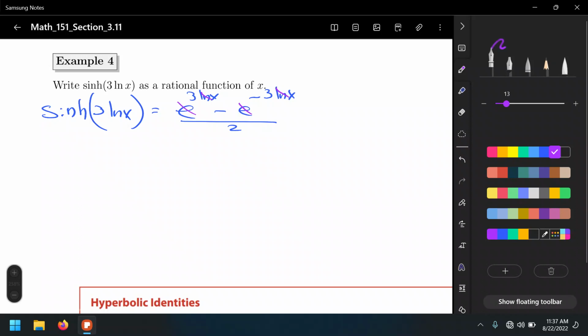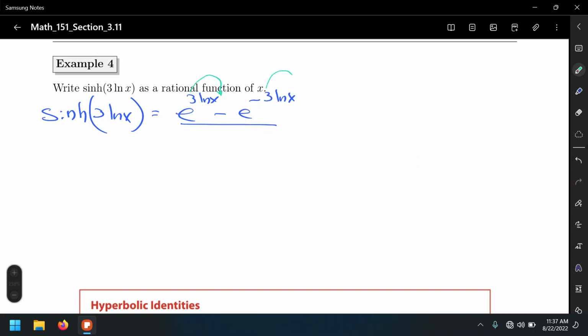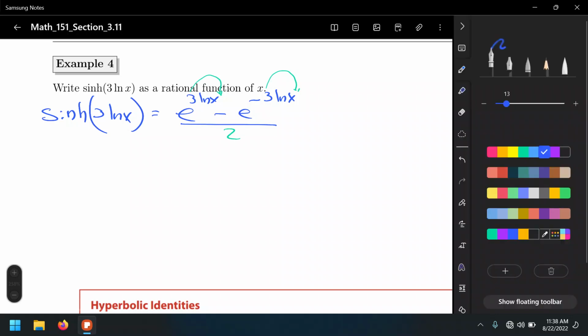In this case, we will do the basketball rule twice. That 3 will become the power of x, and that 3 will become the power of x along with the negative sign. Not just the 3, but also the negative 3. Don't forget the 2 in the denominator.